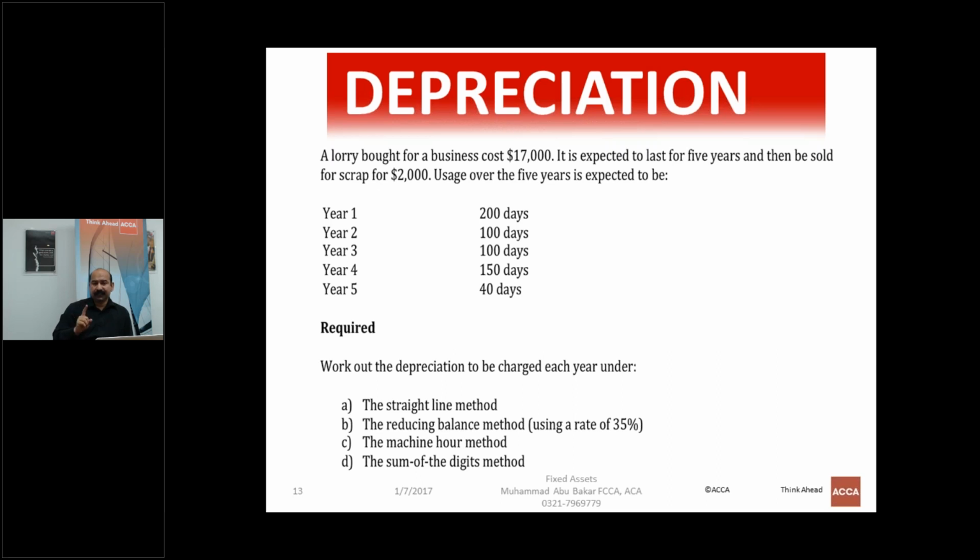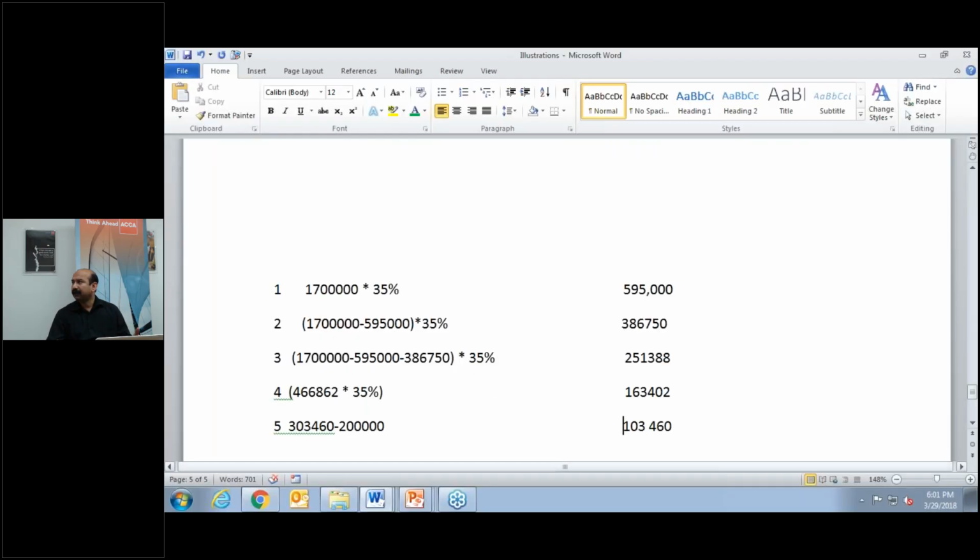So in the first year, we shall multiply 1.7 million minus 200,000 residual value, which is 1.5 million, divided by 590, multiplied by 200 days. This will give us depreciation for year 1.